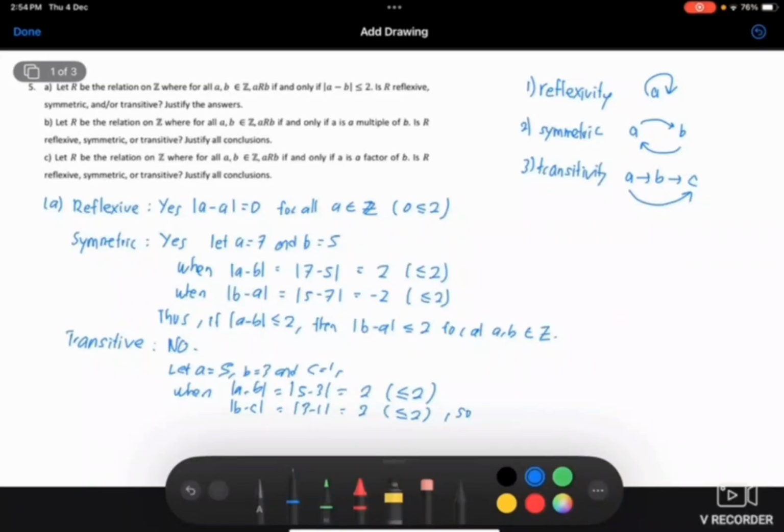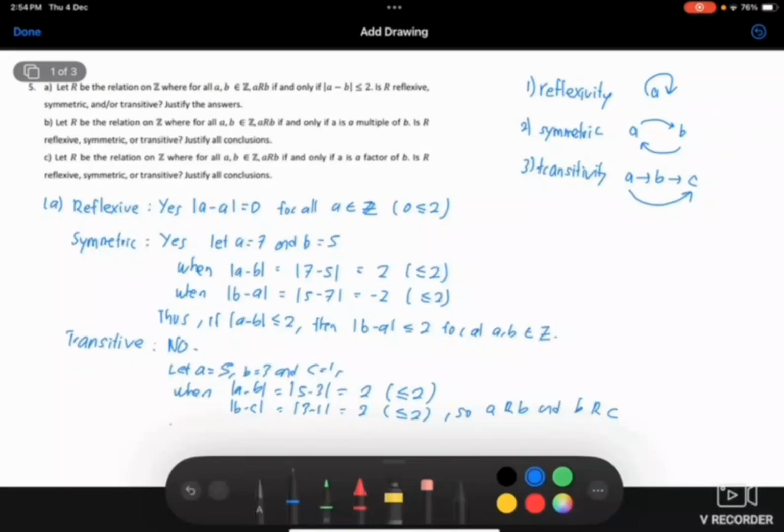So we can state that A is related to B, and at the same time B is also related to C. So this actually satisfies half of our definition of transitivity. But before we state whether it's transitive or not, we have to make sure that A also relates to C.